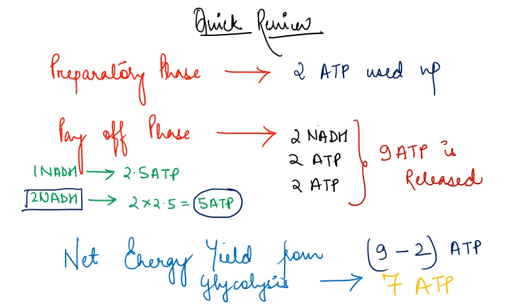So this 7 ATP is the energy yield from glycolysis, right? This is the quick review of the energy, and it is very important.